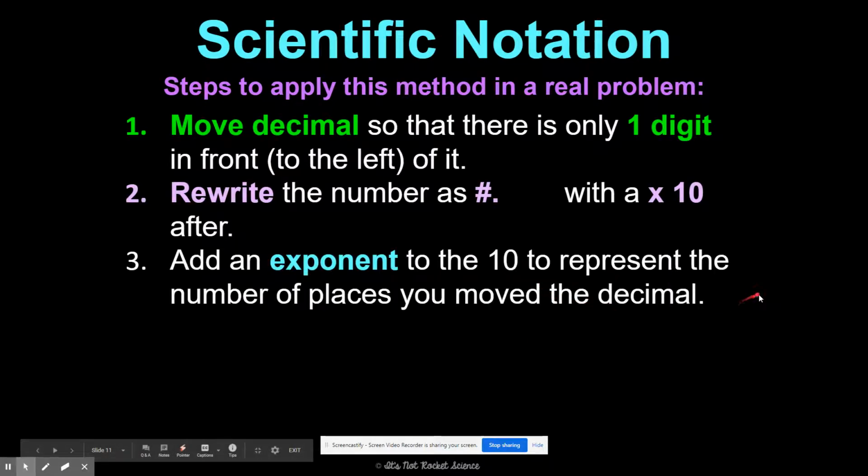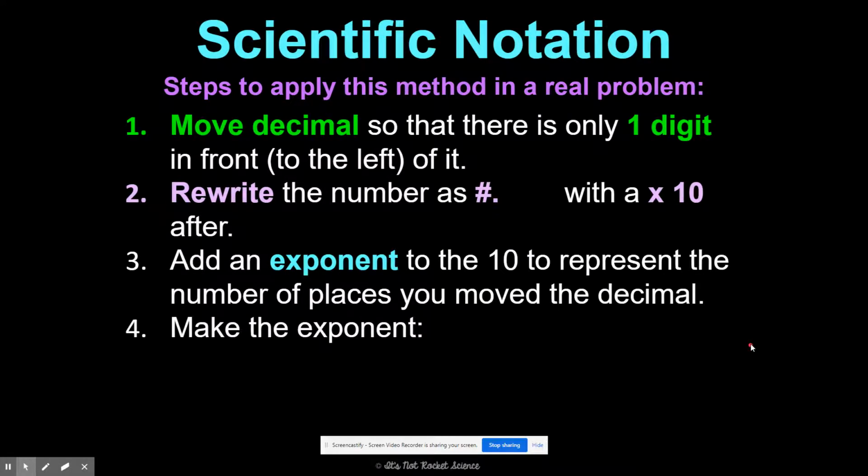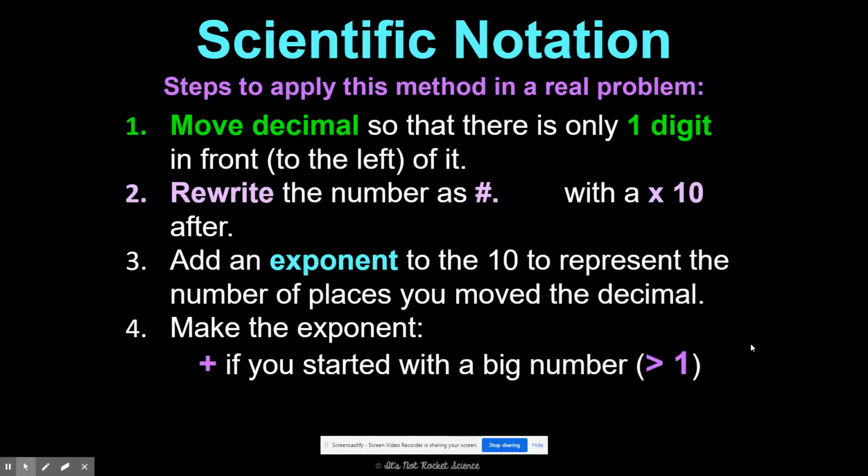So here are all of your steps. We are going to have a number and move the decimal so there's only one number in front of the decimal. Then we rewrite it as that number, point, whatever we need to, with a times 10 after it.